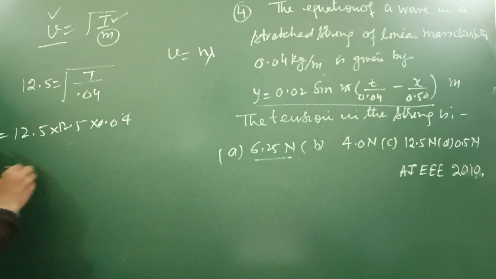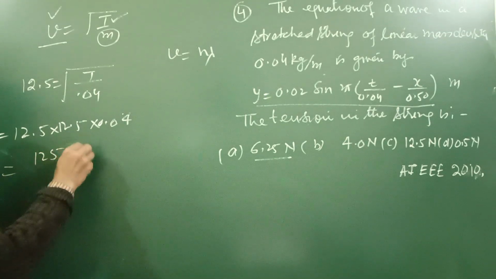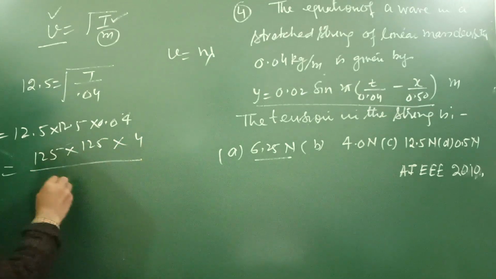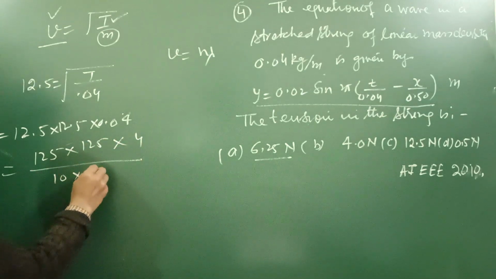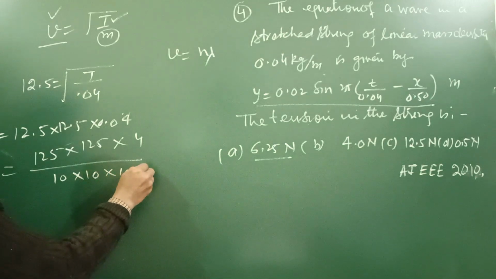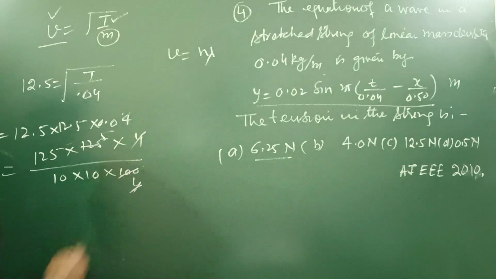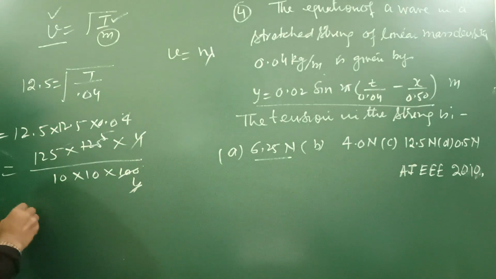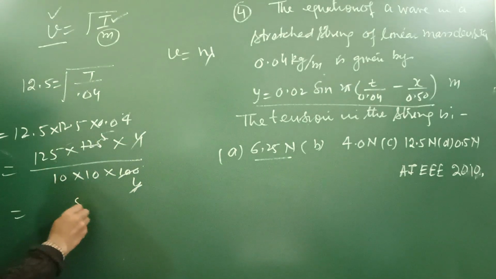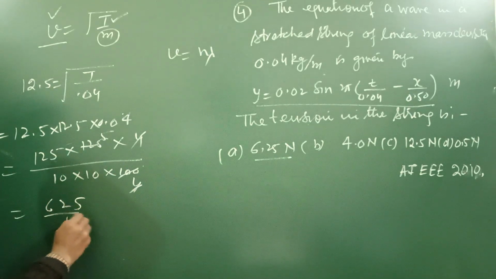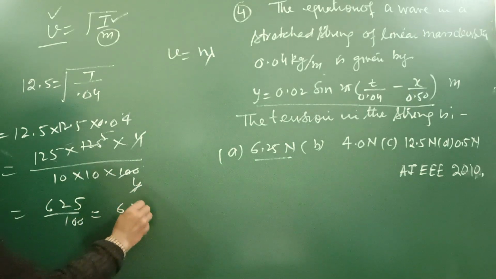Don't get perturbed. 25 into 25 into 4 upon 10 into 10 into 100. 25 and 4 cancel, so only 25 is left. Or 12.5 squared is 625 upon 100, meaning 6.25 Newton.